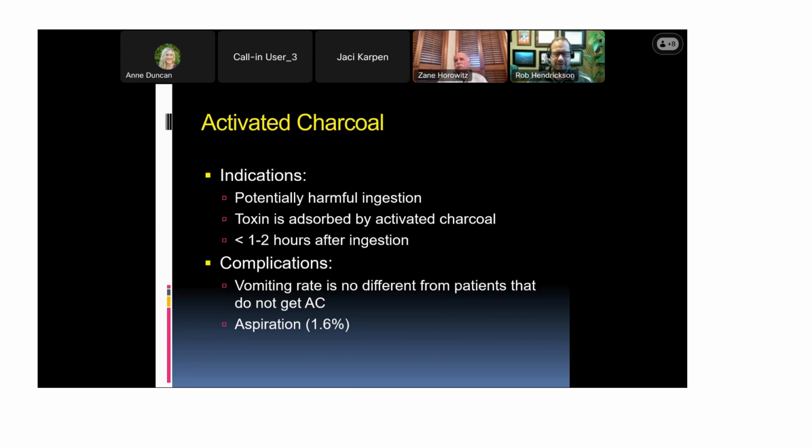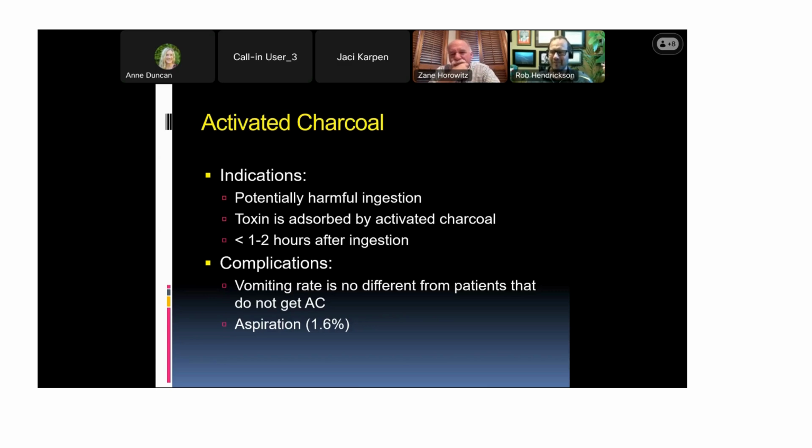And then the complications are often, it is said that vomiting happens after charcoal, and that is 100% correct. Interestingly, when you look at there's 2 randomized controlled trials of activated charcoal, the vomiting rate is no different at all if you give charcoal. I think what happens is you have someone who's going to vomit in the next half hour, and then you force them to drink stuff.